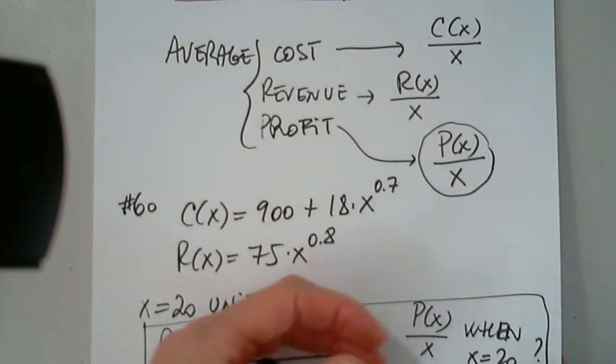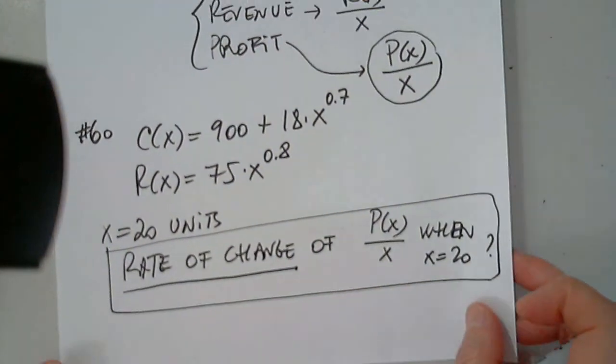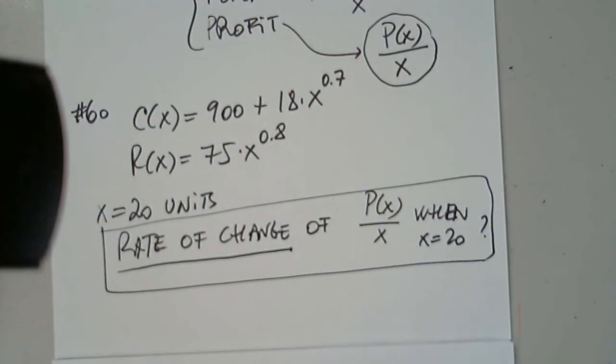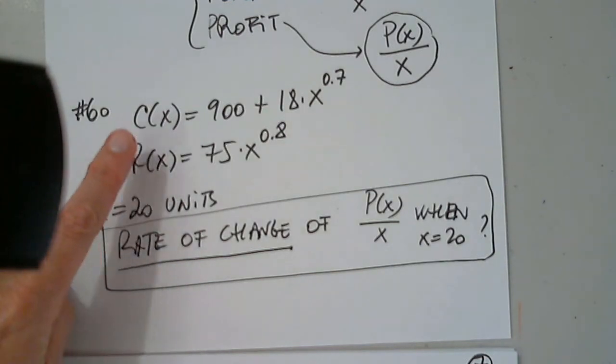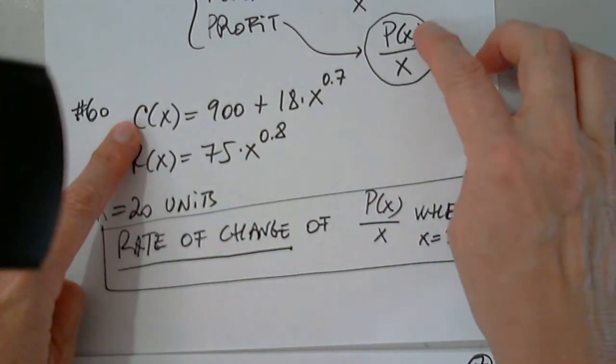Can anyone give us the function first, which is P of x over x? P of x divided by x. Can anyone tell us how to write P of x divided by x? How do we write the profit?